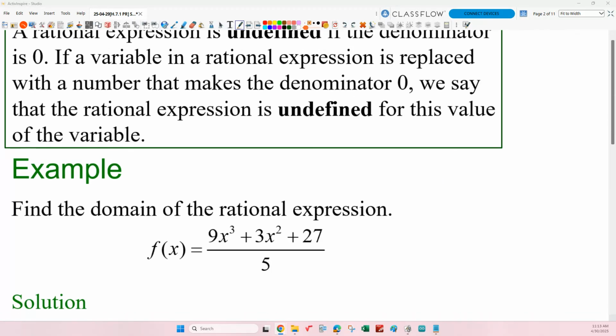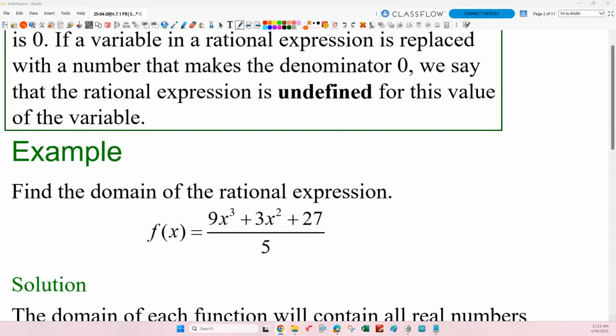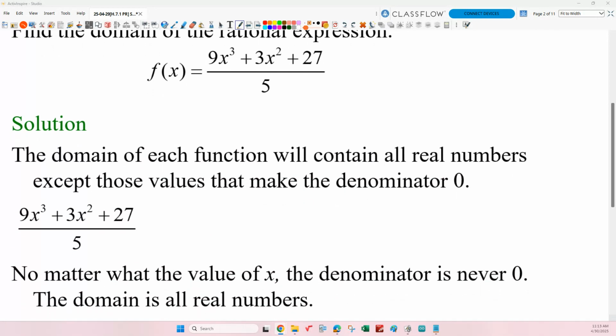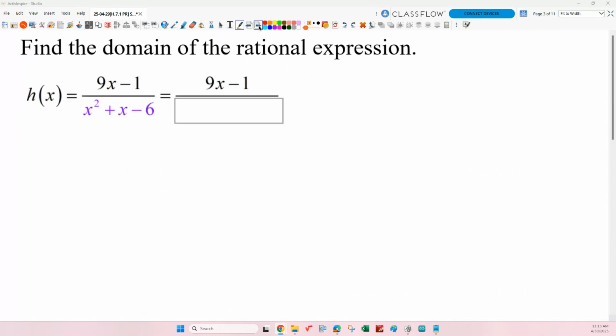So if we look at this first example, are there any values of x that will make the denominator 0? No, right? Because 5 will always equal 5. There's no x to plug in a number. So in this case, it is all real numbers. But if we look at this one, there's not just a number in the denominator, right?